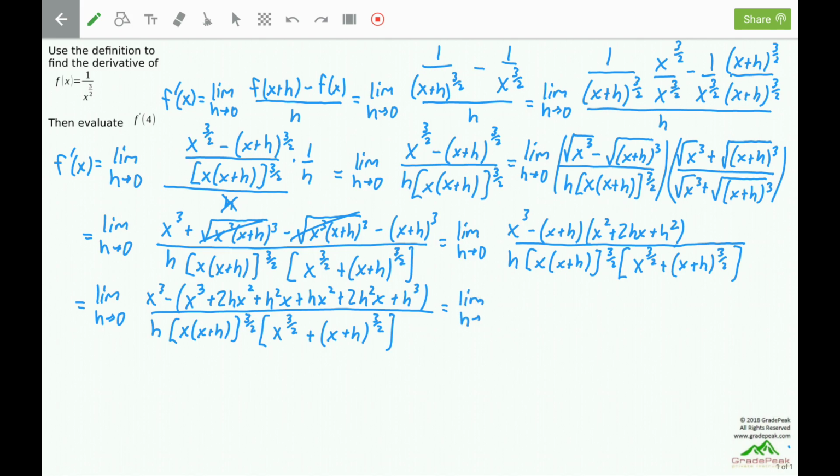The next step is to distribute the minus sign in the numerator, so we will have x cubed minus x cubed minus 2hx squared minus h squared x minus hx squared minus 2h squared x minus h cubed. All of that is over the entire denominator.